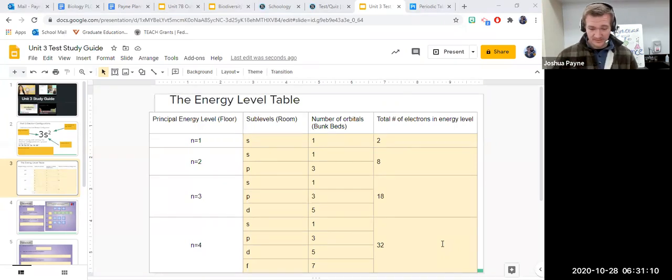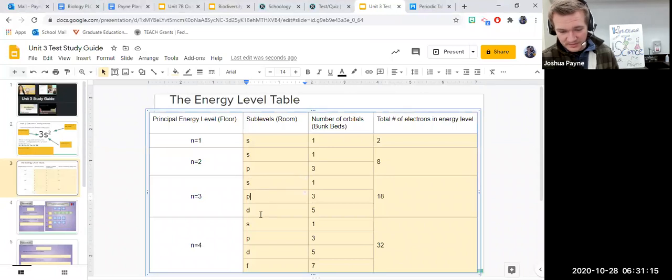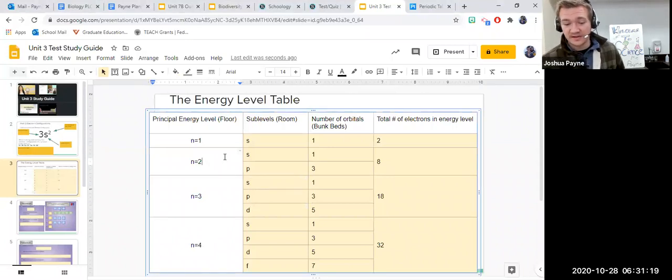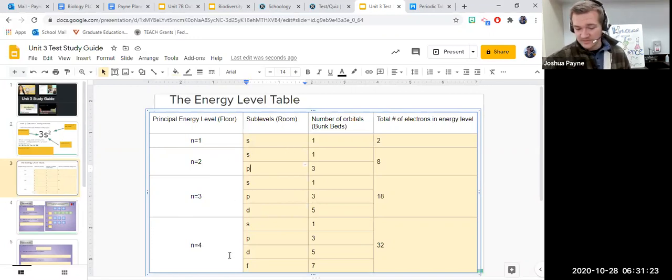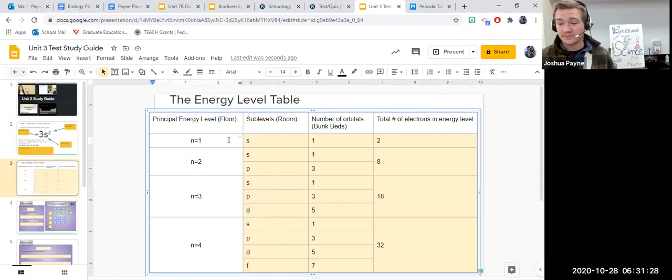What sublevels exist? So on that third floor, we see, oh, we have an S, a P, and a D. So my answer would be S, P, and D, right? If I asked you for the second floor, what sublevels exist, you would say S and P. If I asked you for the fourth floor, of course, you'd say S, P, D, and F. Or if I asked you for the first floor, your answer would just be S, right? It would just be S.